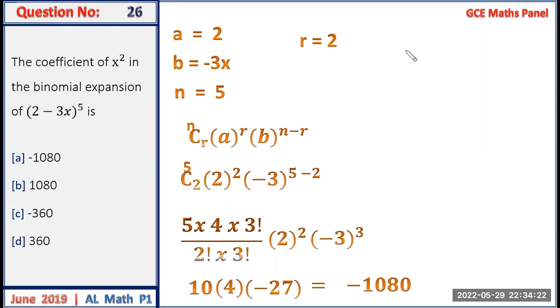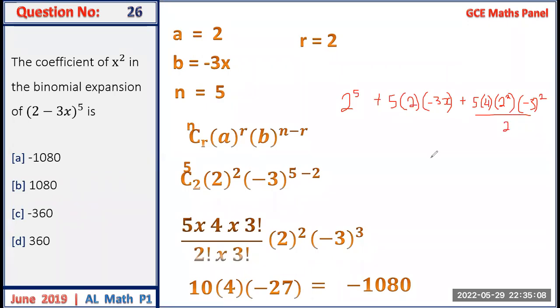Or we can go the normal way by saying the first term is 2 to the power 5, plus the second term is 5 into 2 to the power 4 times minus 3x, and the third term is plus 5 into 4 times 2 to the power 3 times minus 3x to the power 2, all this over 2 factorial.